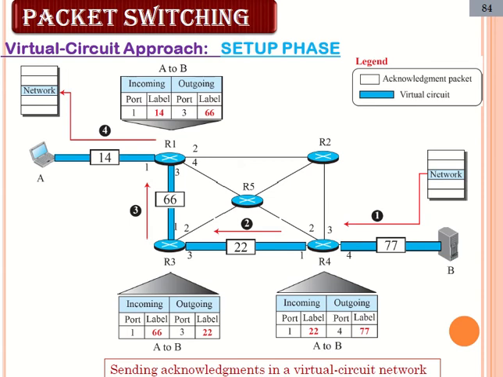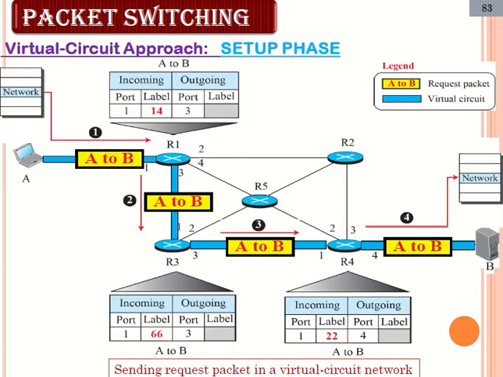So as you can see in this diagram, source A wants to send a request packet to router 1. So initially the packet will be sent from A. So source A sends a request packet to router 1.